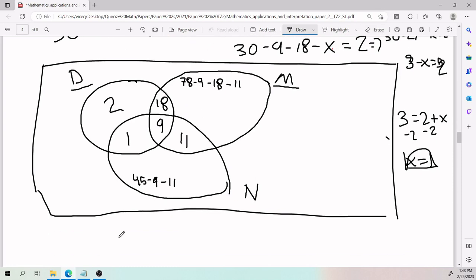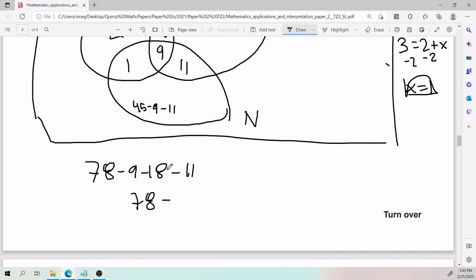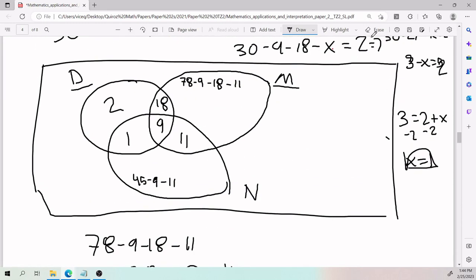For this 78, if I do 78 minus 9 minus 18 minus 11, I end up with 78 minus, I can't math right now, minus 38. That gives me 40. All right, so this guy up here is going to be 40.